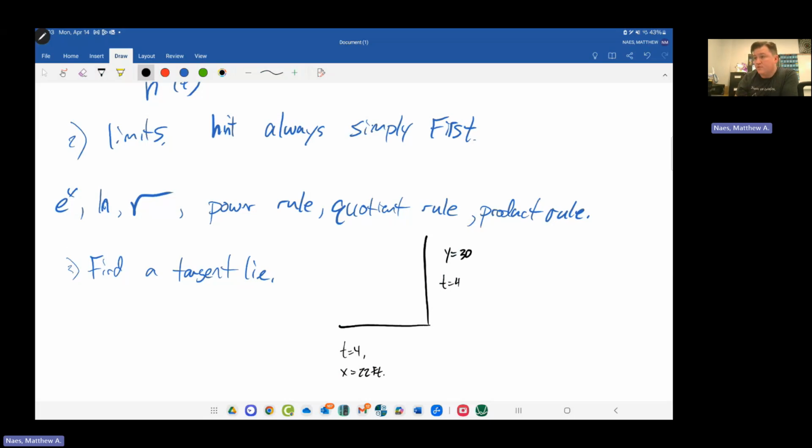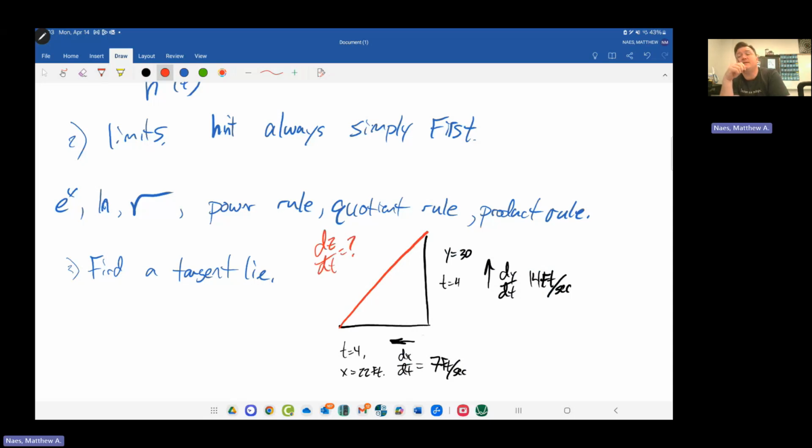Now the rate of change: this guy's going west at a rate dx/dt, the rate of change in x at that point in time is 7 feet per second. The rate of change in y, dy/dt, is 14 feet per second. And what they want to know is dz/dt: how fast is the distance between the cars changing?